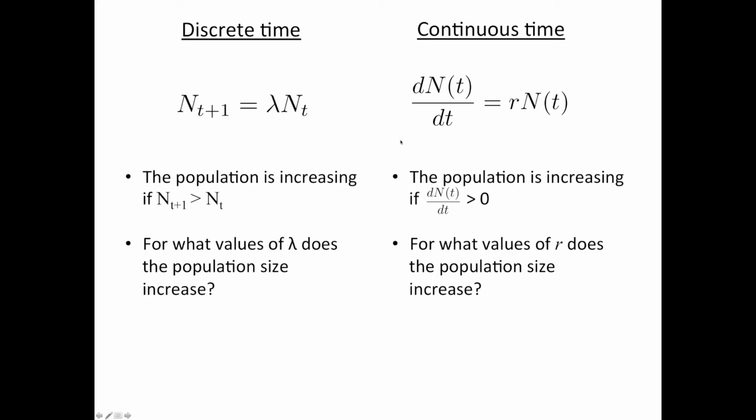The left-hand side of these equations is not very similar. In one case, we're predicting the population size 1 year into the future, and over here, we know if the population is either increasing or decreasing based on the sign. So these equations, while they might look quite similar, are not really that similar.